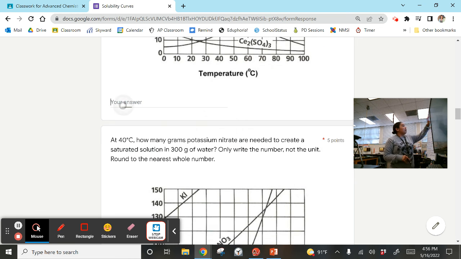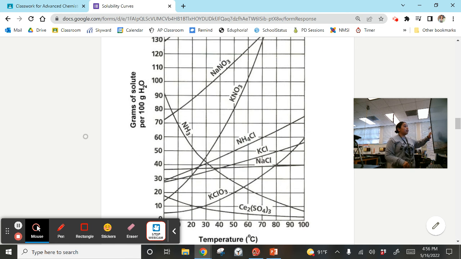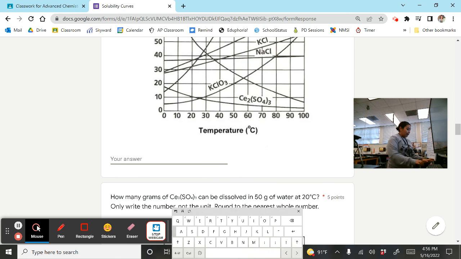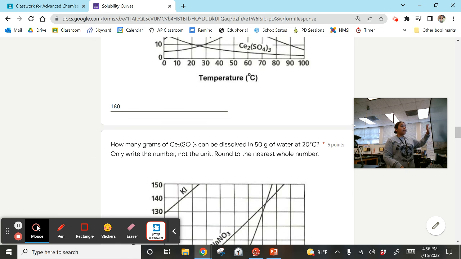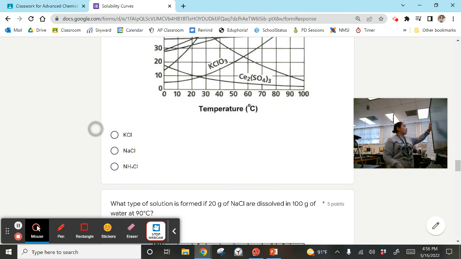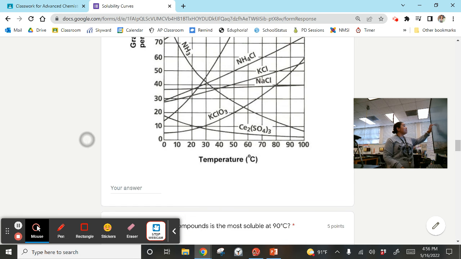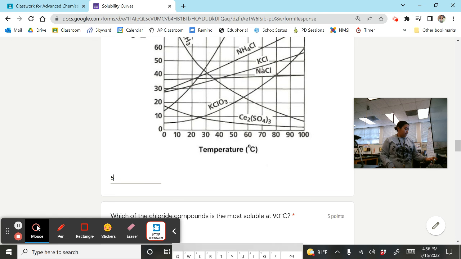And then I'm going to put that this next answer is 70 degrees Celsius, right? And notice again, I didn't put degrees Celsius, I just put the numerical answer. And then for this next one, I had 180 grams. And then for this next answer, I have 5 grams.